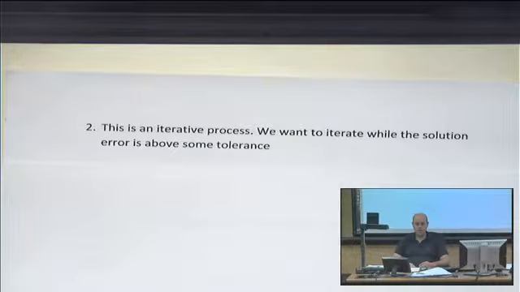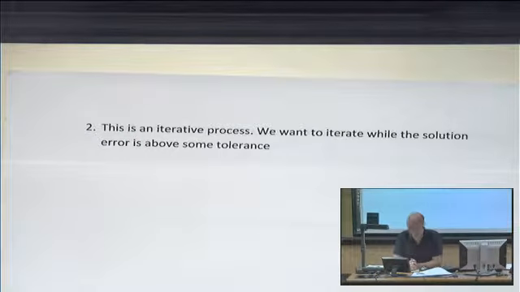until I got below some error criterion, or while the error was too big, right? So I need to do some sort of loop, and I think I just gave away what kind of loop I want to do, right? Is it a for loop or a while loop? I think I just told you that I want to do the iterations while the error is too big, so just by saying it in my head, I said the word while.